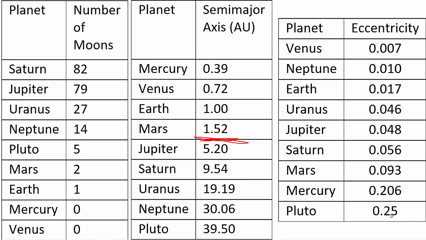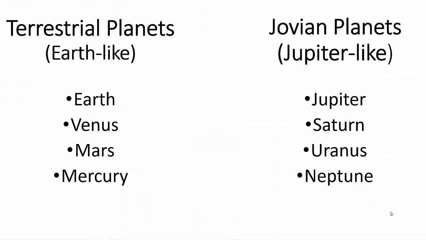But we've done enough where we can actually split the planets into 2 categories, and we'll look at the distinctive characteristics in another video. But we would split them into these 2 groups. The terrestrial planets, that means Earth-like, and of course Earth is one of those. Nothing's more like Earth than Earth.